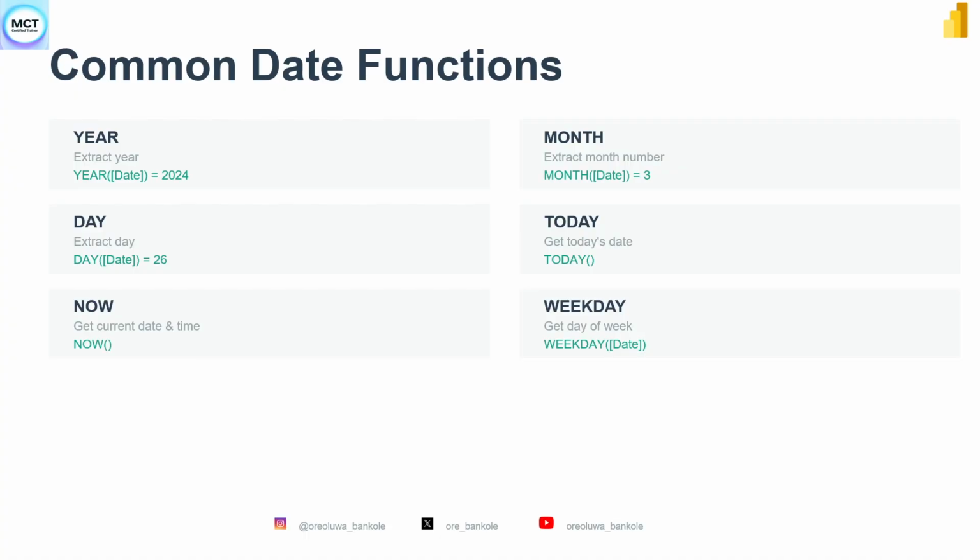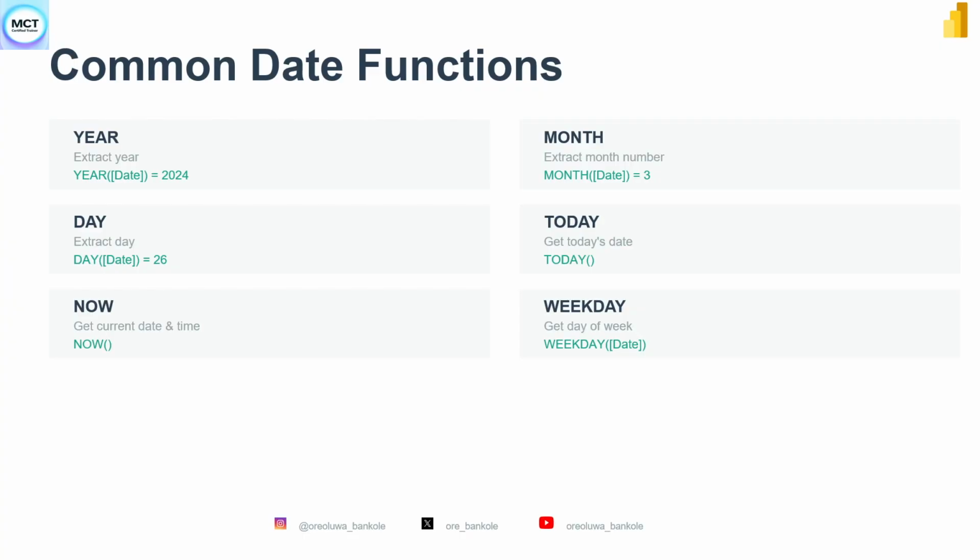The year allows us to extract the year part of a date, because every date that we have has what we call date parts. What are the date parts? Every single thing about the date is a date part.